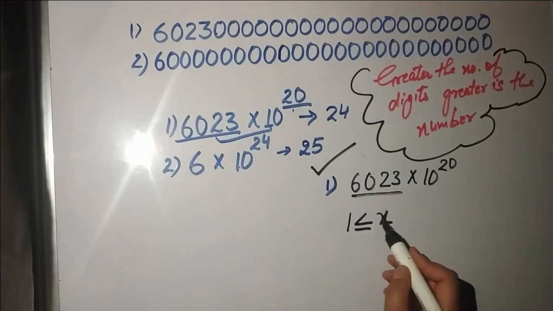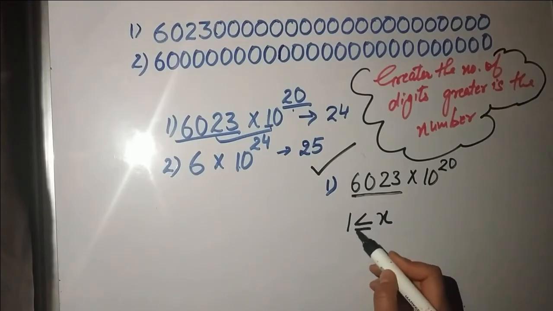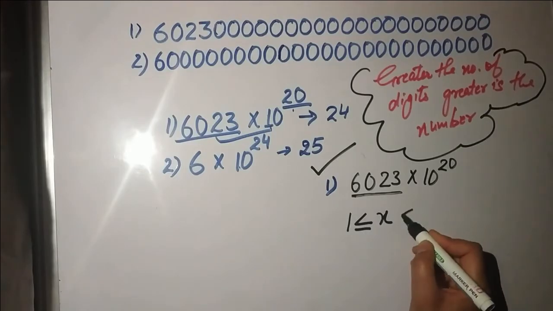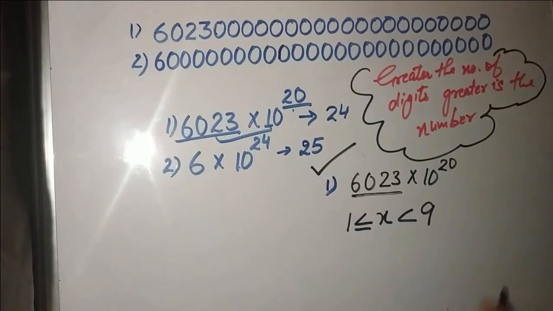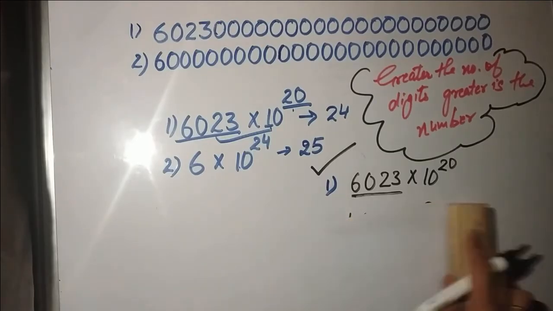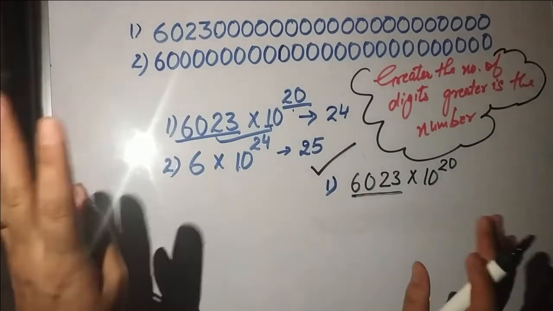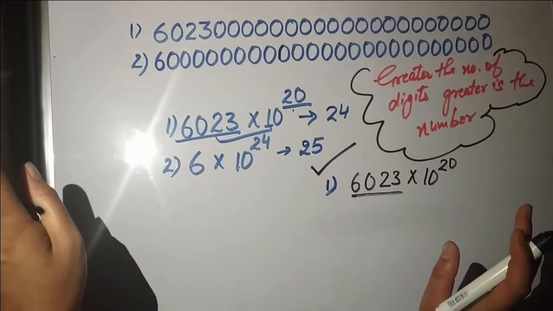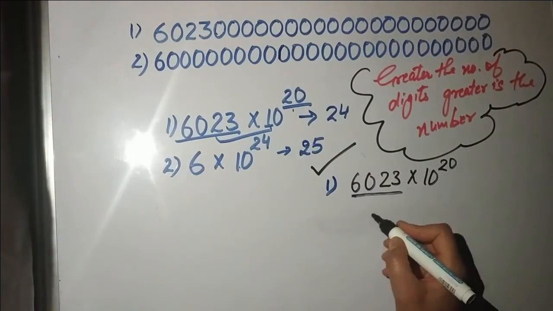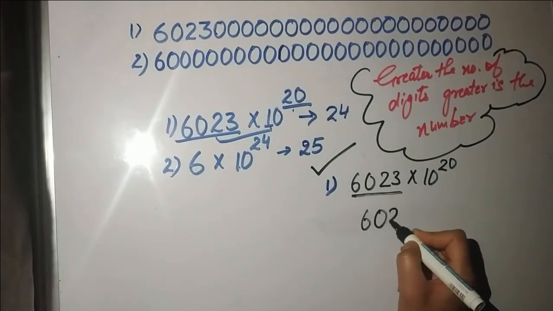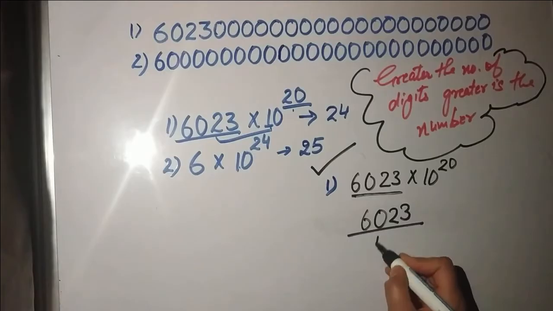So this number I'm going to make greater than or equal to 1 and less than 9. Okay, I'm going to make it a 1 digit number. Understood? Means only 1's place digit will be filled. There won't be any 10's place digit. There won't be any 100 place digit. Okay, how can I do that actually? For that I need to divide this number by 1000.